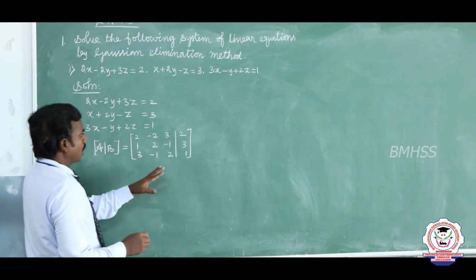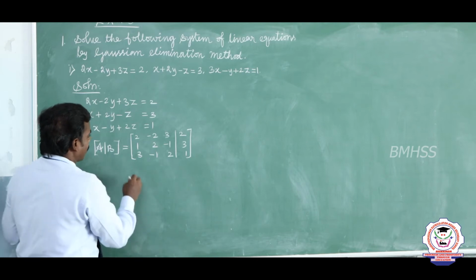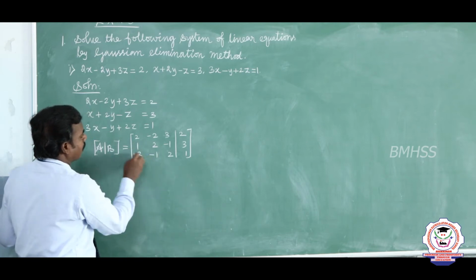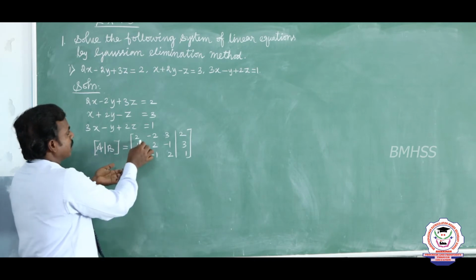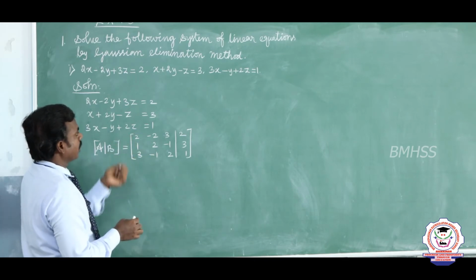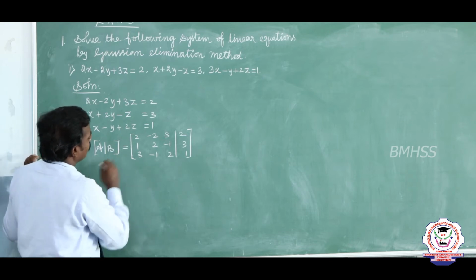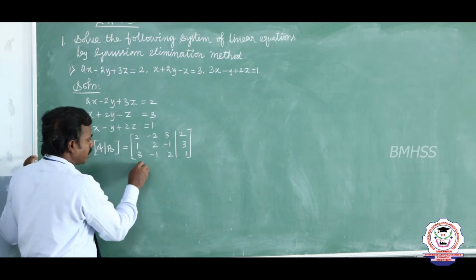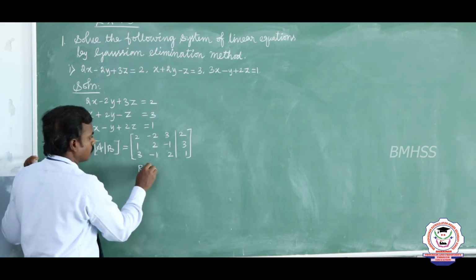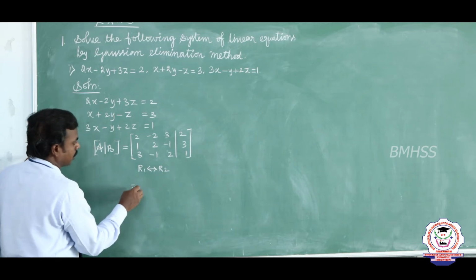From this, I am going to make an echelon form to find the rank. Before that, to form the echelon form, first in the first row, first column, always keep 1. That is very useful to solve this sum. From this, I am going to change R1 and R2.